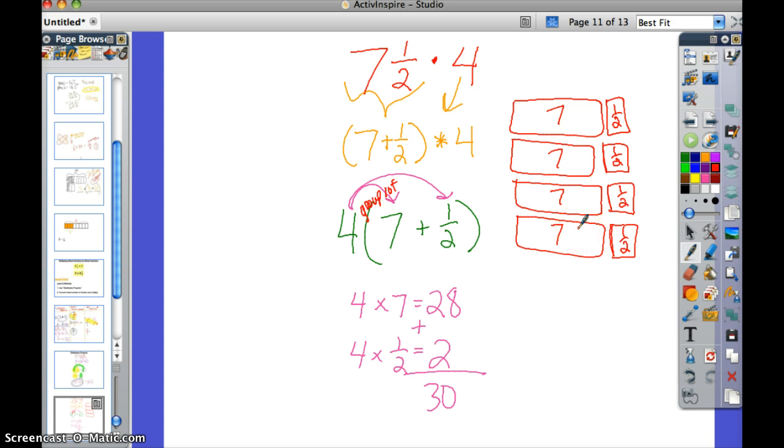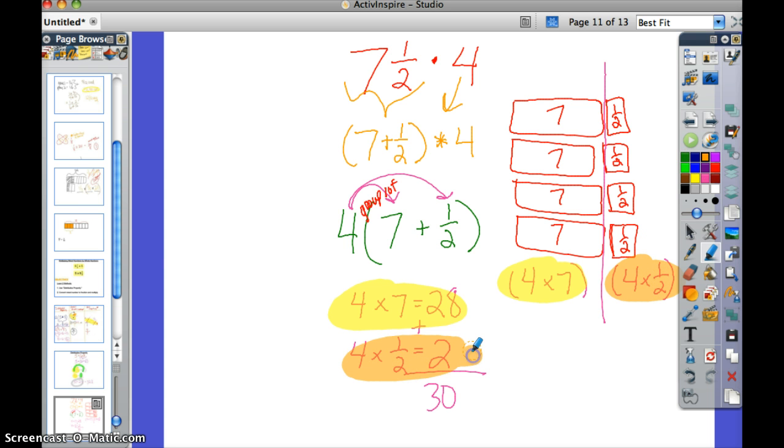Now I hope what you can see is that there are 2 multiplication problems here. You have 4 groups of 7, and you have 4 groups of 1/2, which is just what we did down here. 4 groups of 7 would give us 28, and 4 groups of 1/2 gave us 2.